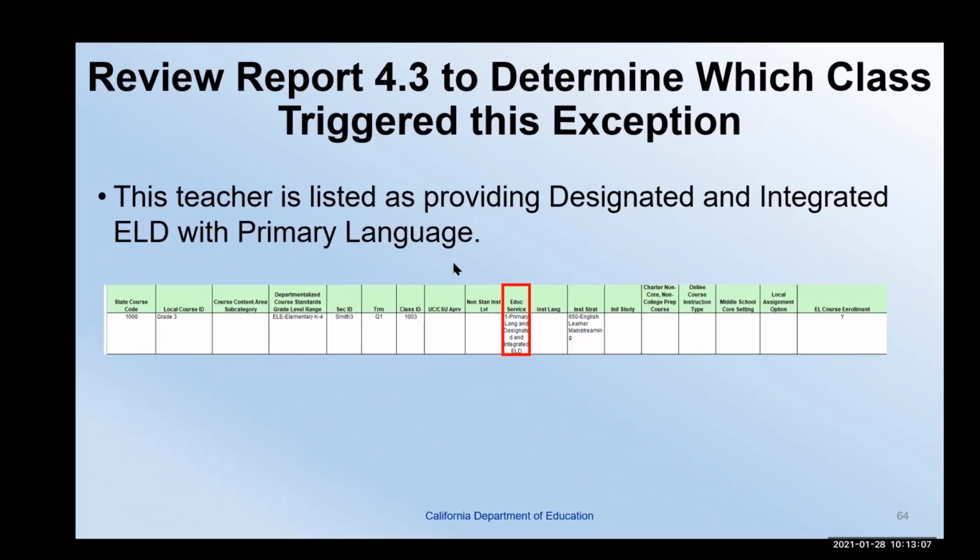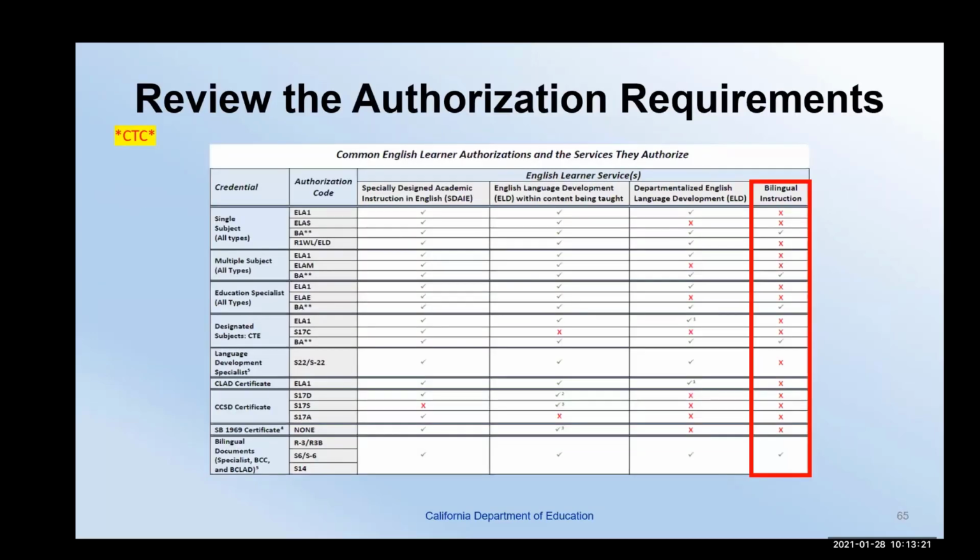So as we said before, if you're telling us that primary language instruction is occurring in this class and being delivered to the English learners, then the expectation is that the educator is going to hold a bilingual authorization in that student's primary language. Yeah, and we have an additional check on that.